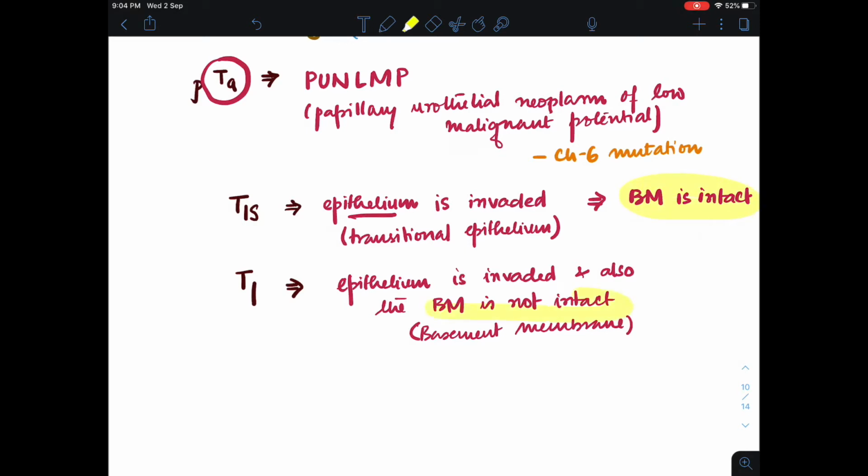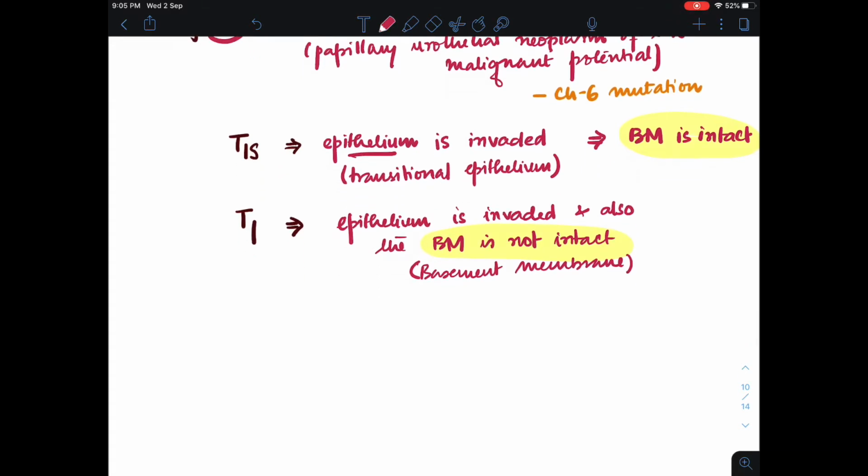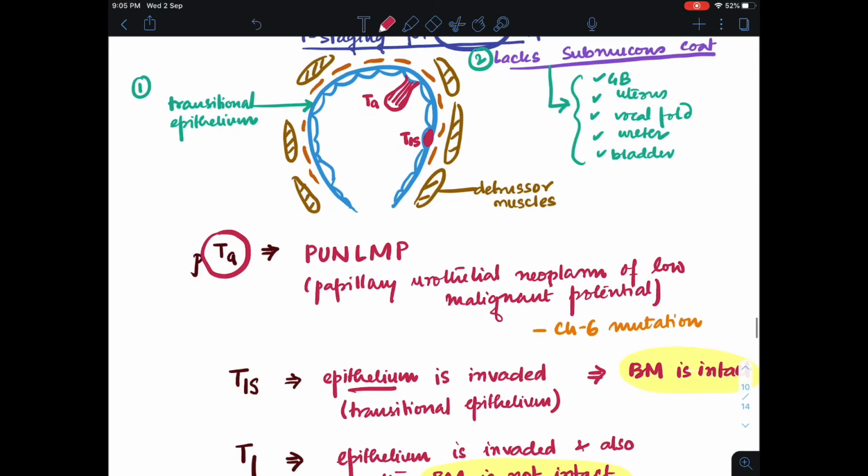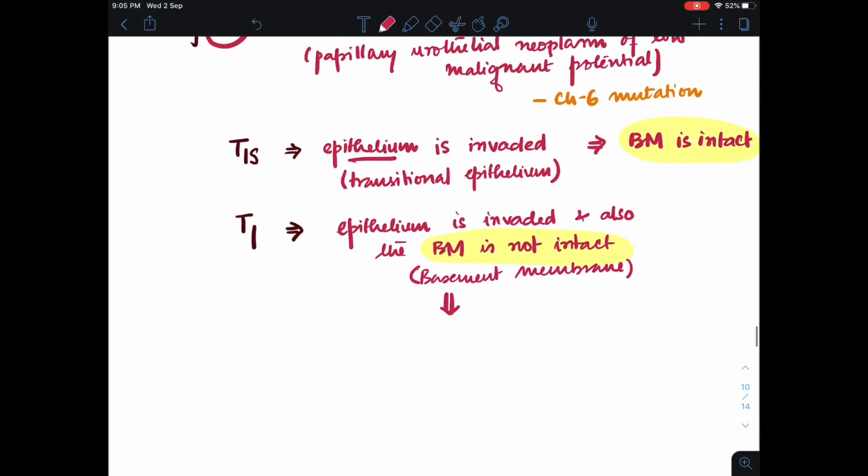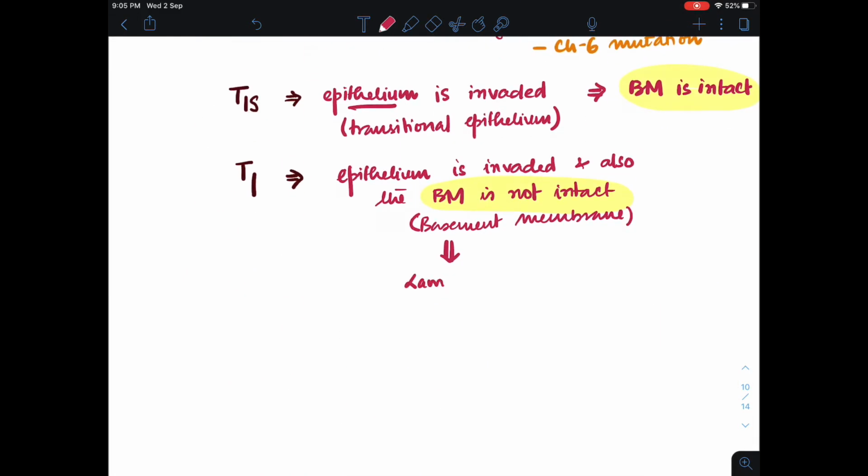And here in T1, the basement membrane is not intact. So as the basement membrane is not intact, the carcinoma reaches the next layer, that is the lamina propria. As I have said previously, there is no submucous coat, or it can go up to Bell's muscle.